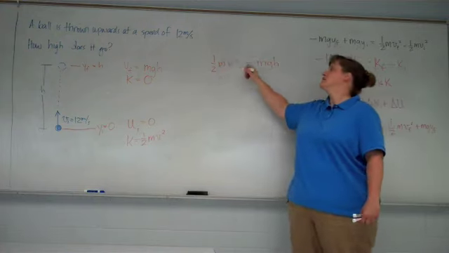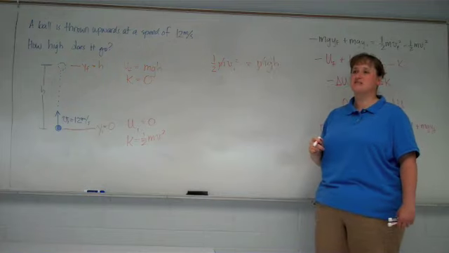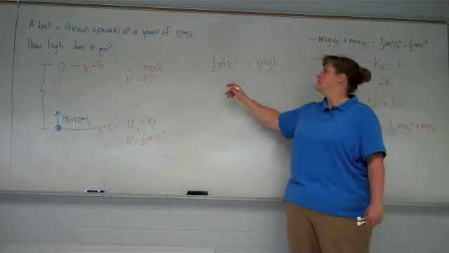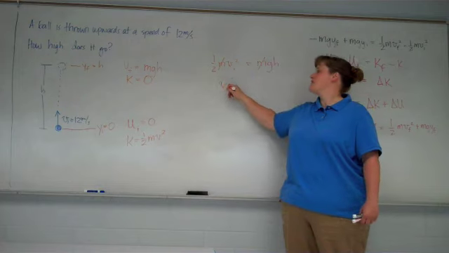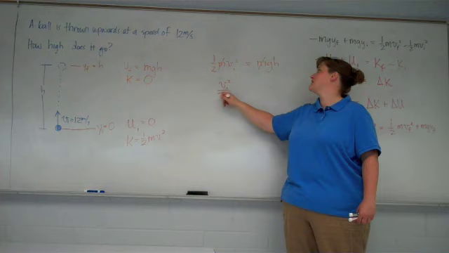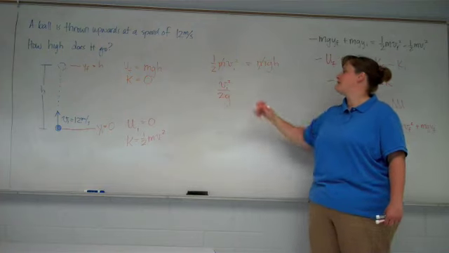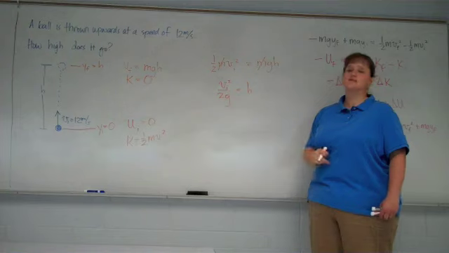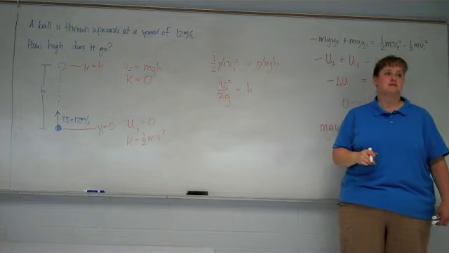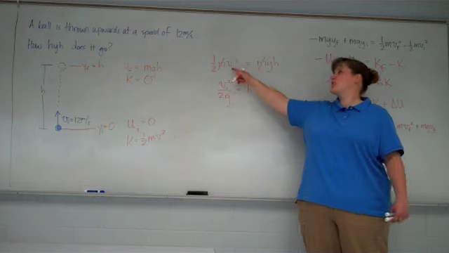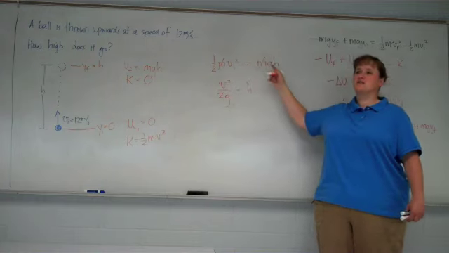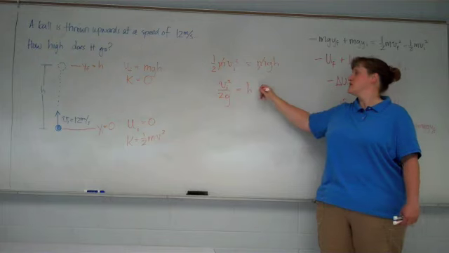Well, masses can cancel now. So I have v initial squared on this side, and then 2, if I bring the g over, that equals h. So this is a quick relationship between how fast it was going and how high it goes.